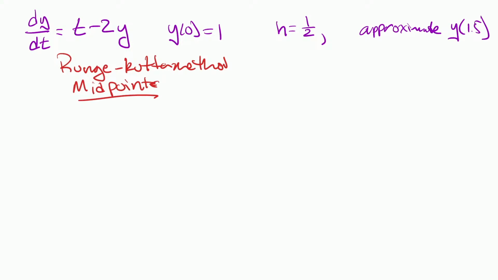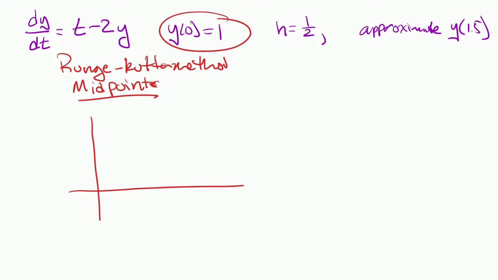Okay, so the midpoint method, I just want to remind you what this is. We have this point right here, y of 0 is equal to 1. And just a quick reminder of how this works: you start off, you compute the slope. So this here, we'll do this in blue, that's going to be the slope at the point 0, 1.